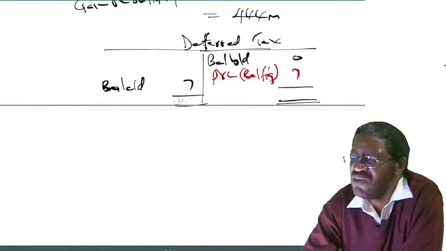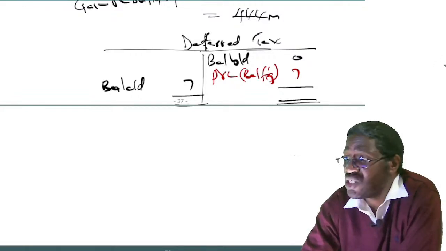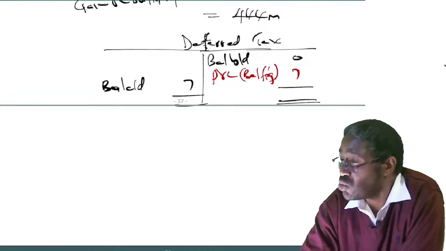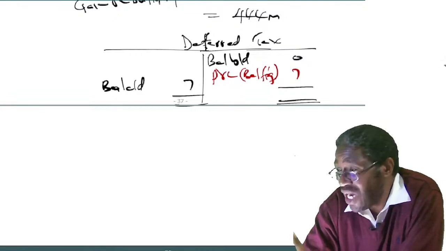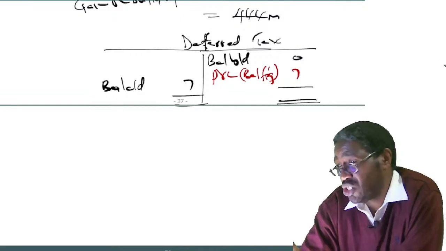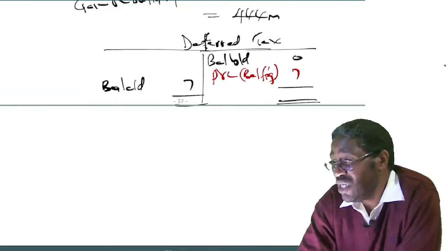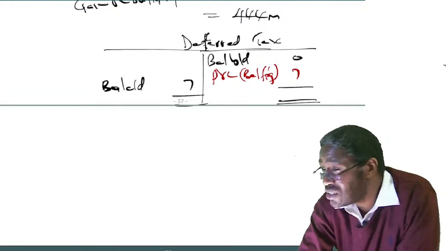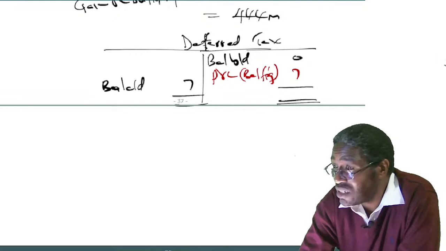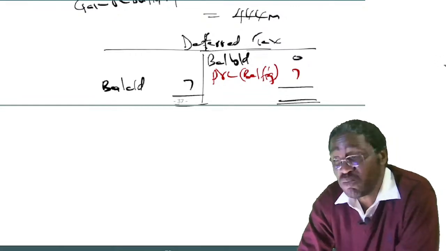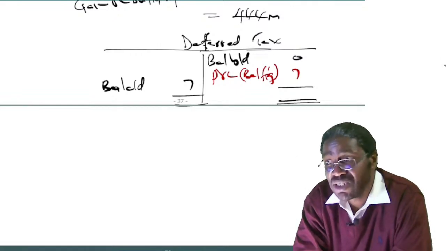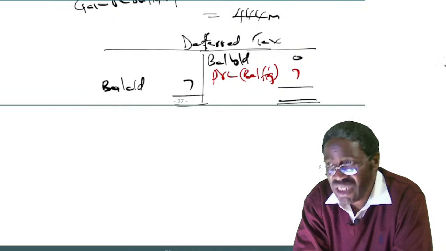I want to believe from this double entry, the students who were with us in the previous class should be able to tell me whether that charge, not the carry down, that charge of 7 million, we are going to add it to the corporation tax of the 20, or how that 7 charge will be treated in the income statement.